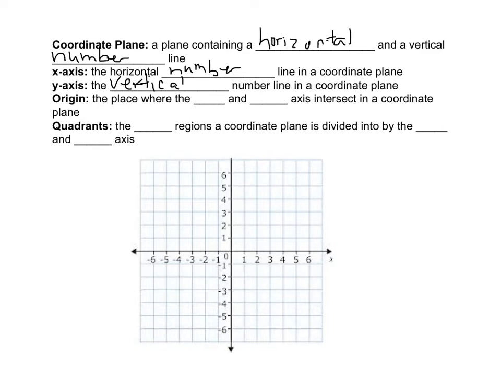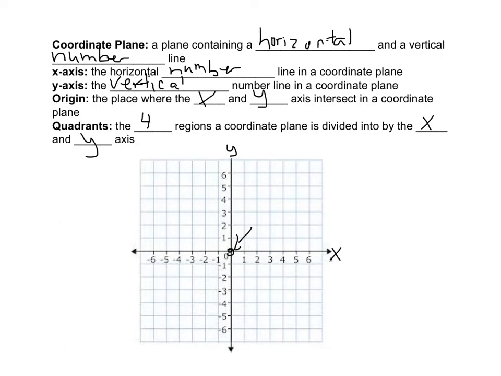On a coordinate plane, the origin is the place where the x and the y-axis intersect, and the quadrants are the four regions a coordinate plane is divided into by the x and y axis. So if you look down here on our coordinate plane, the horizontal line is our x-axis, the vertical number line is our y-axis.